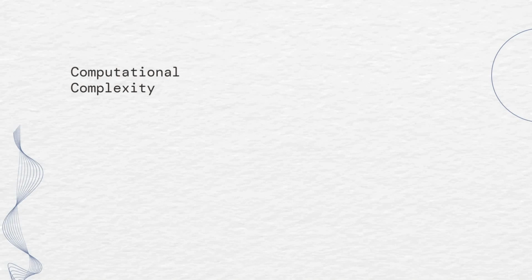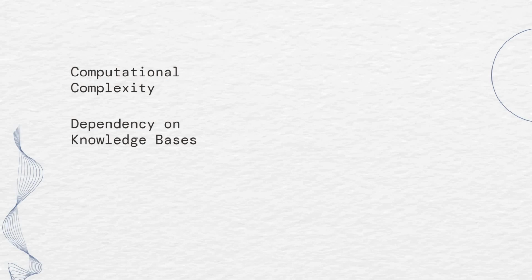So now we come to the next limitation, which is dependency on knowledge bases. The effectiveness of RAG heavily depends on the quality and comprehensiveness of the external knowledge bases used for retrieval.